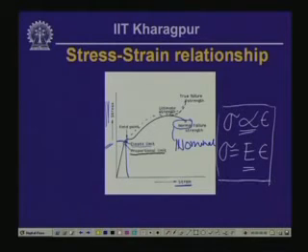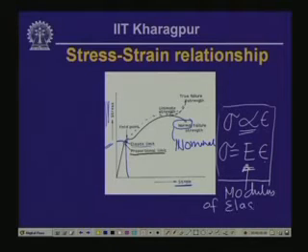So up to the proportionality limit or the elastic limit, the stress is proportional to the strain, or stress is equal to E times the strain, where E is called the constant of proportionality or the modulus of elasticity, which is an important parameter in our strength of materials.